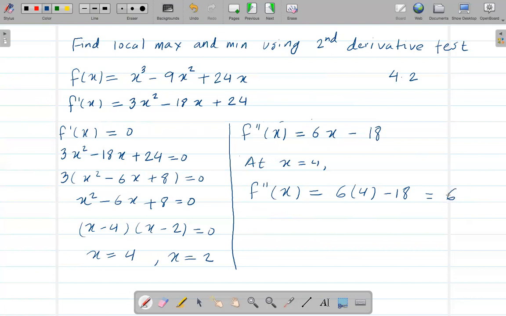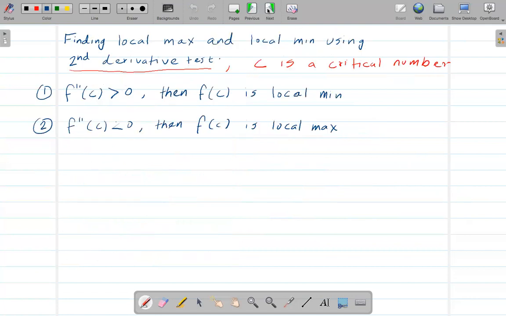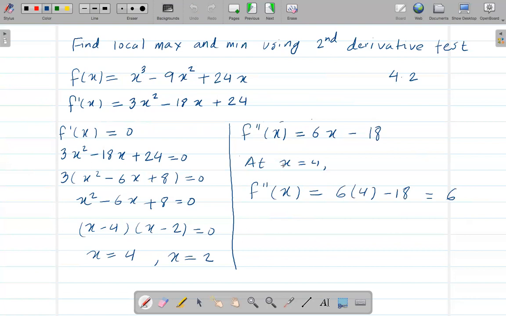So since we get positive, it's a local minimum. So the local minimum point is going to be f. Now take this 4 and plug it into the original equation, and you will get that as a local minimum. So find that.